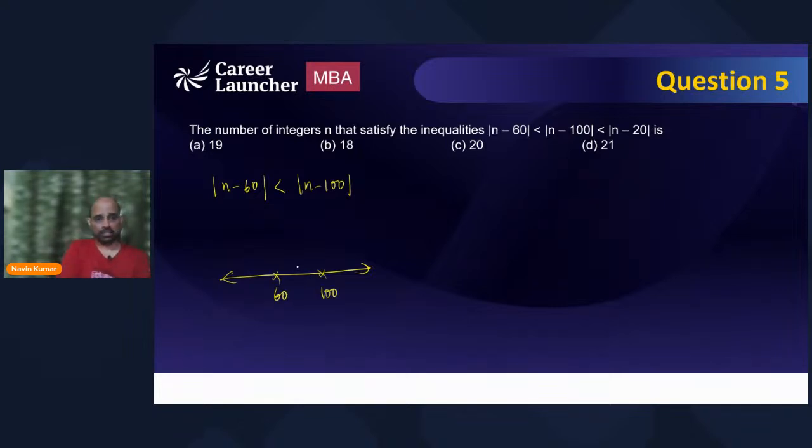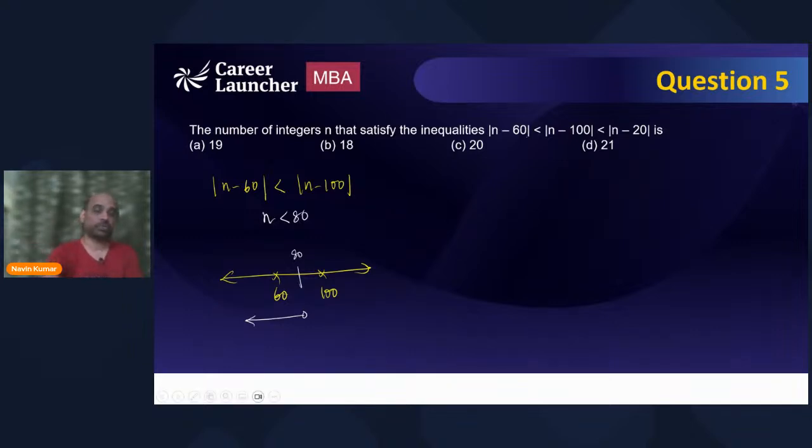So any person can be from any point which is going to be less than 80. So from here we can say n can be anything, but it should be less than 80. Because at 80 it's equidistant. Beyond 80, the person is closer to 100 than 60. Less than 80, the person is closer to 60 than 100. So we need closer. Less than means less distance.